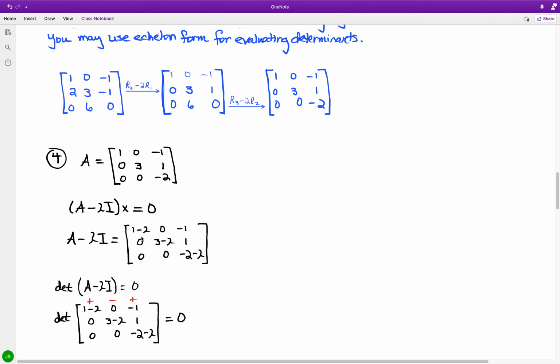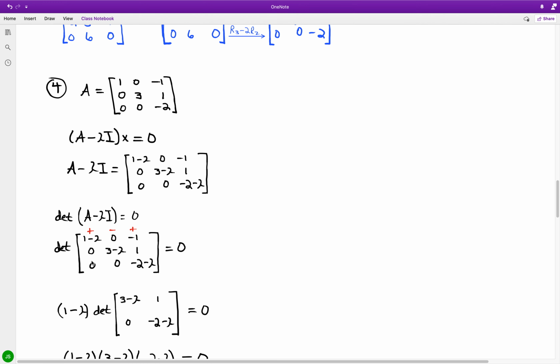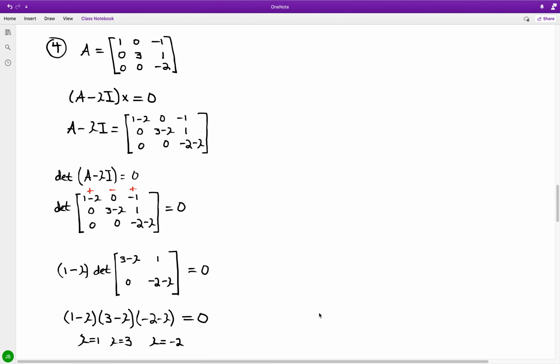For the difference, I have the diagonal array 1 minus lambda, 3 minus lambda, negative 2 minus lambda, and taking the determinant and setting it equal to 0. What I'm going to have here is that the only non-negligible portion is going to emanate from taking 1 minus lambda and multiplying by the 2 by 2 determinant, where we have 3 minus lambda, negative 2 minus lambda. I can just leave it in the factored form.